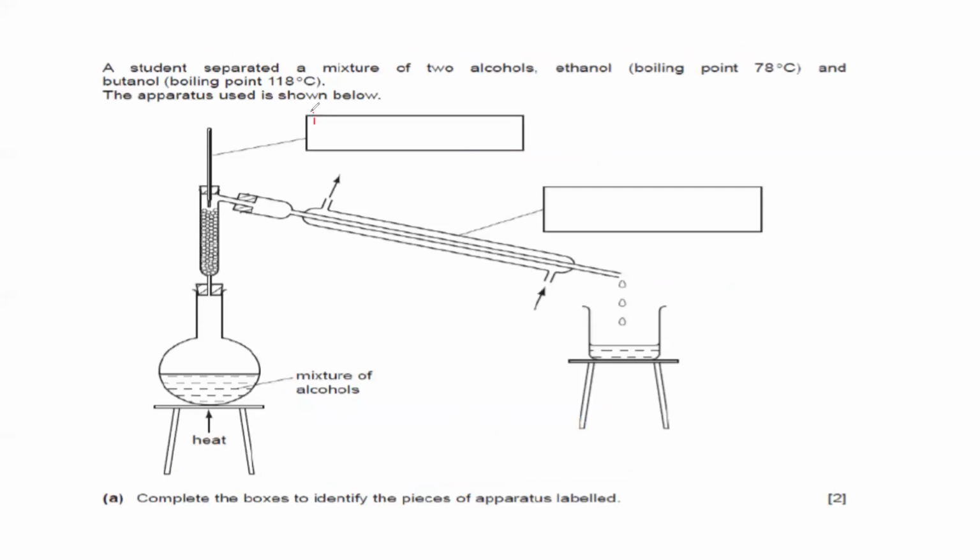Another slide, label the apparatus in box 1. What do we call it? A thermometer, that's good. What about apparatus 2? A condenser or a Liebig condenser, you can also say.